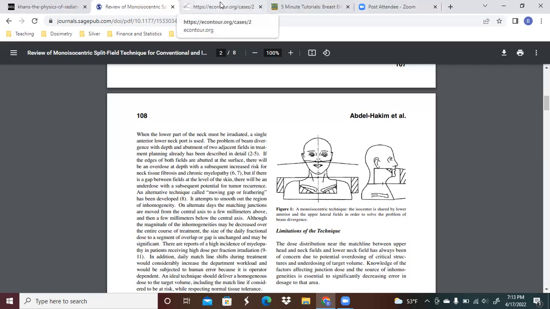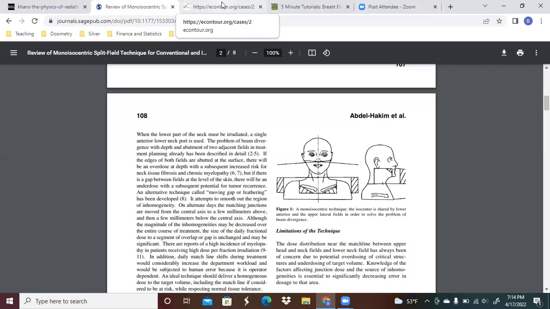So is it any wonder that we've tried to figure out how to do this a little bit better? Well, as computer programs and algorithms have improved over the years, some smart apple came up with the idea of taking the multi-leaf collimators and having them move during a certain amount of time during the treatment. And when they move, you can block certain structures and you can expose others. So as you're doing that, guess what?